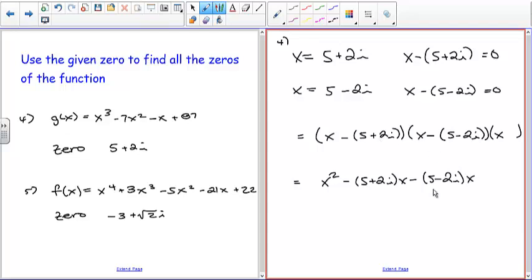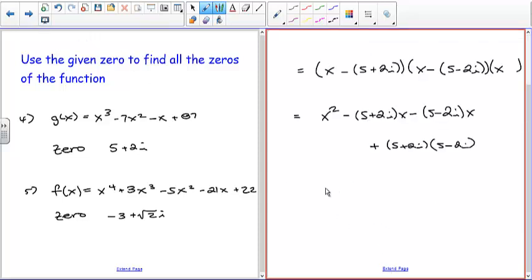And then you're going to have the last one, which is going to be negative times a negative, so it's going to be positive. And 5 plus 2i times 5 minus 2i. So this times that with the positive sign. So you get these two together, which is this. You get the outside together, which is that.